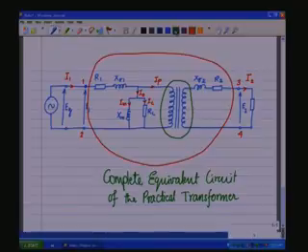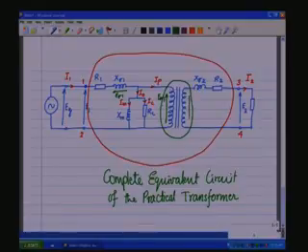And voltage wise, this voltage will be EM1, this voltage is E sigma 1, and this voltage is E1 which is across the terminals of the transformer.